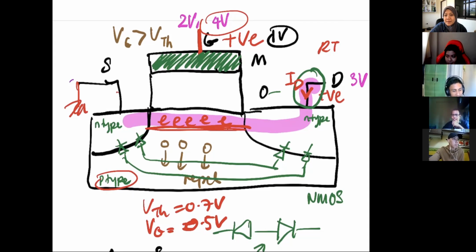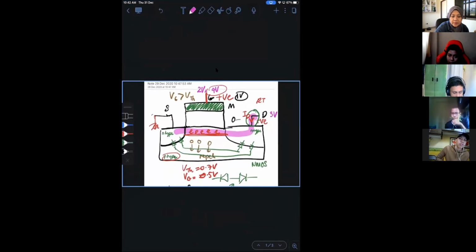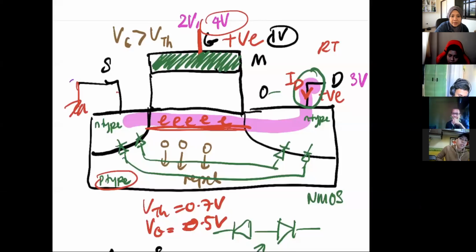Less number of electrons, and the current also will become less. Will remain lah because the drain voltage remain 3 volt kan. Macam mana awak kata the current will be the same?